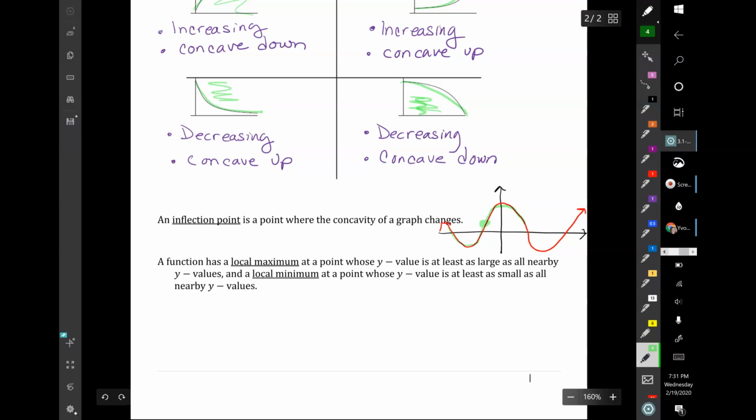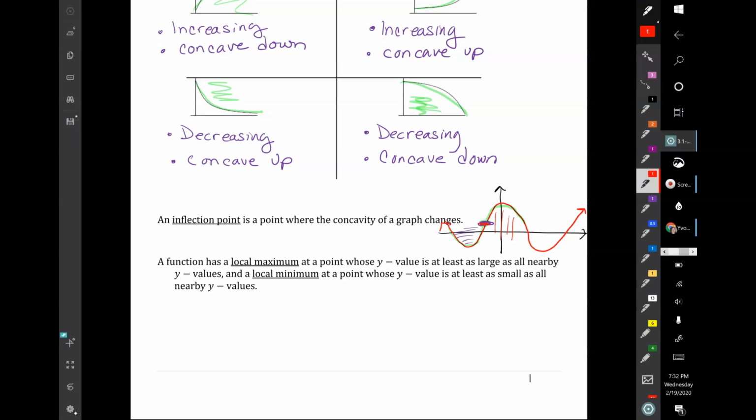So it's kind of where the bowl would tip. So this is my point of inflection right about here. And again, you don't have to be exact for that, but you can see where the bowl would be filled, and then you can look at where it's all going to fall out. So where that switch happens, that's the point of inflection.